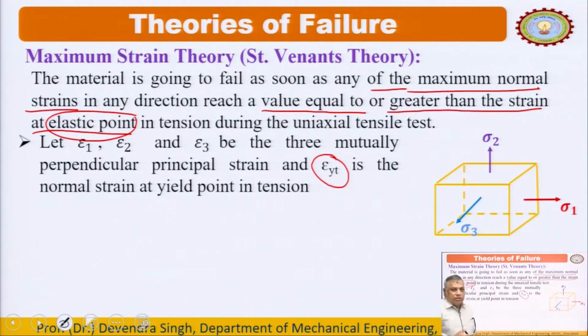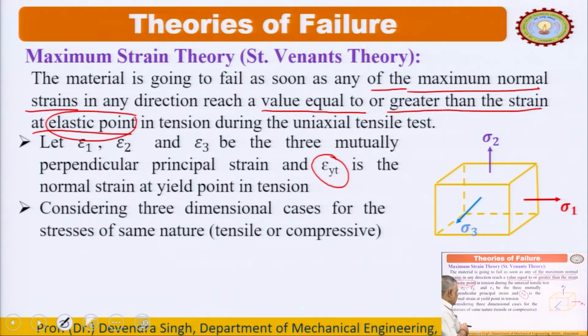So, the strain that appears at the yield point, जहाँ yielding start होती है, उसकी वैल्यू एप्सिलॉन वाई टी है और इस एप्सिलॉन वाई टी को अगर हम फैक्टर ऑफ सेफ्टी से डिवाइड कर देंगे तो परमिसिबल strain या अलाउएबल strain आ जाएगी.